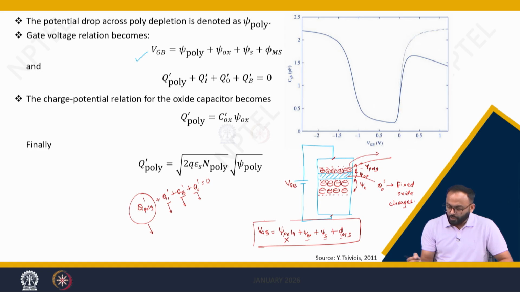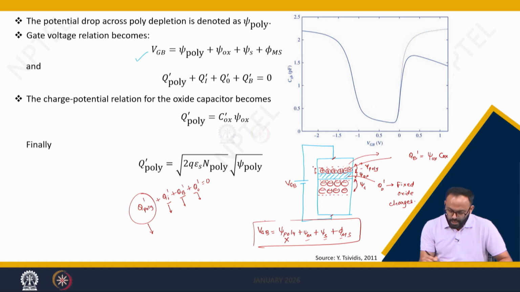Now, how can we relate this charge and the potential drop across the poly? We can simply write the same equation which we wrote for relating Q B dash, which is nothing but the bulk charge, and psi s. So, we said that Q B dash equals psi s into C s, right, and this charge is negative.